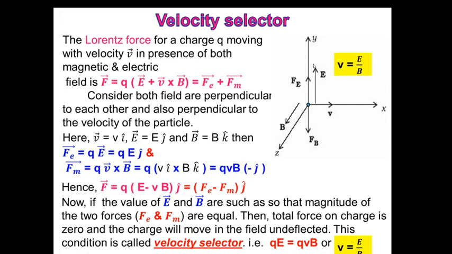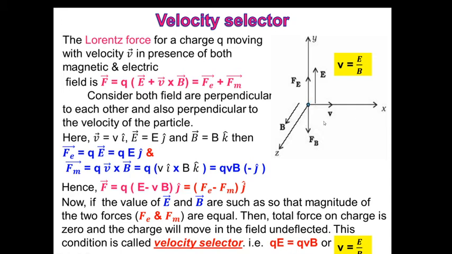So the electric force on the charged particle will be along the direction of E, that is along the y-axis, and the magnetic force will be perpendicular to both, along V cross B. So if we use V cross B, this will be the direction of the force.